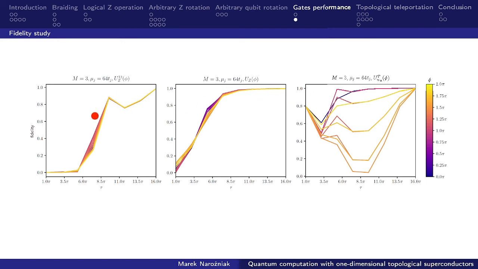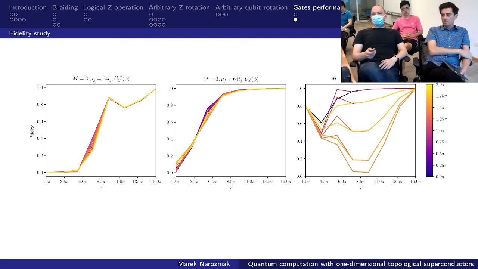Here we have the multi-qubit Z gate, 2 qubits, arbitrary angle, single-qubit Z, arbitrary angle, and rotation about X based on the arbitrary qubit rotation protocol. The colors of the plots are the angles, as the legend shows here. And we can see that the fidelity reaches 1 once the adiabatic sweep tau is sufficiently long.